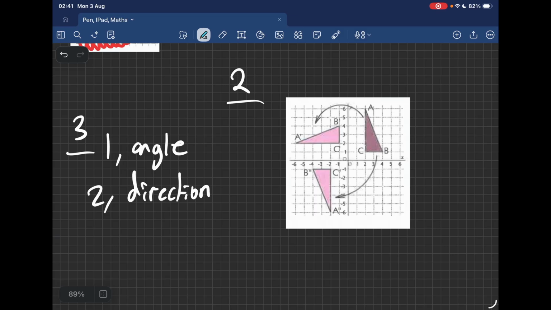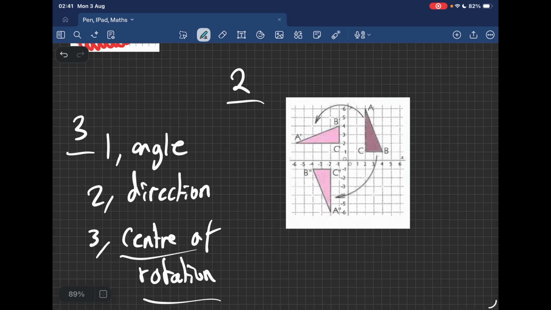Students often kind of get that, but students always forget, you need to also say the center of rotation. And luckily, if you don't know, guess the origin, 0, 0, that's usually where they're rotating from, but it's not necessarily. So you need to know how to figure out all of these three.